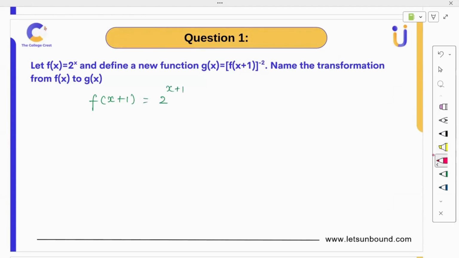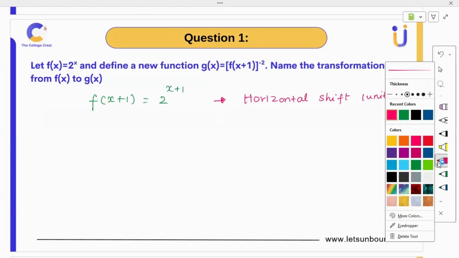So it's a horizontal shift, right? I'm adding with x. So it's a horizontal shift of 1 unit. Okay, to the left or to the right? That's the next question. So if it's plus 1, be careful. It's left, not right. Correct? So horizontal shift.